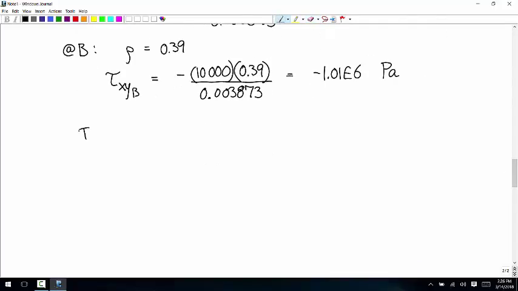Okay, so now we'll assume thin-walled. The thickness this time is 0.01.